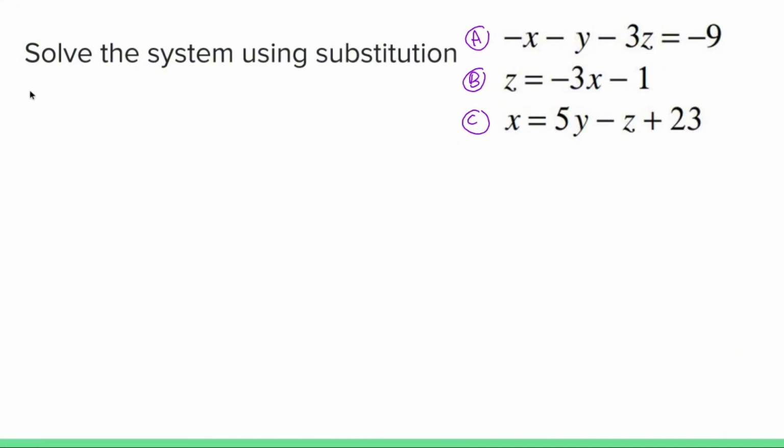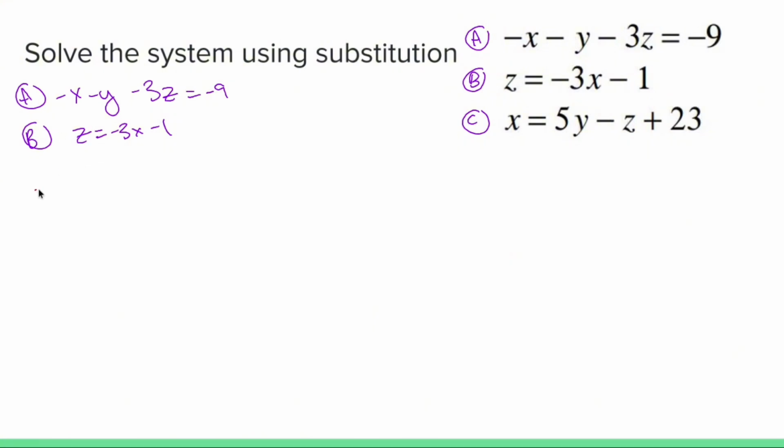So let's do A and B. Here's my A: negative x minus y minus 3z equals negative 9. B is z equals negative 3x minus 1. Since z is already solved for, let's plug that into the A equation.